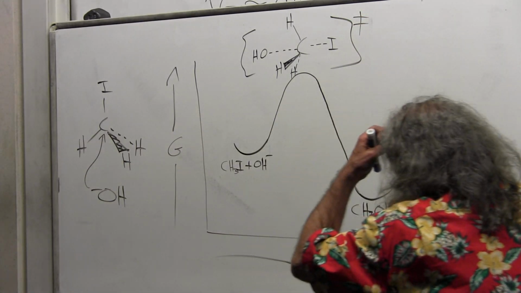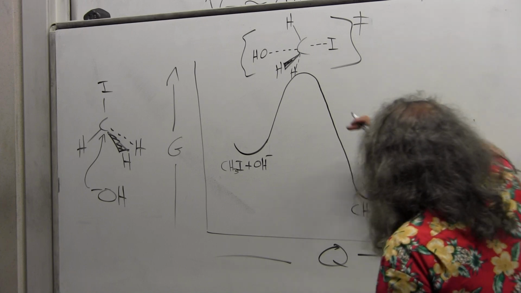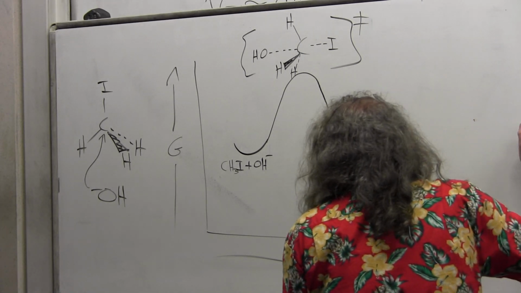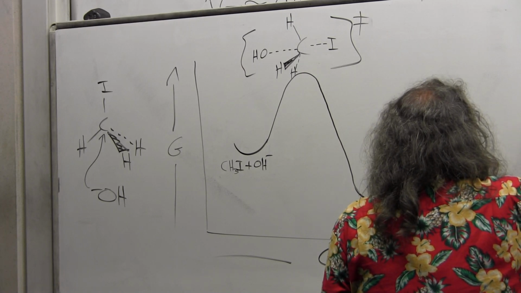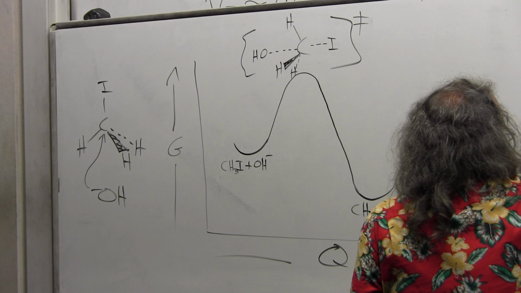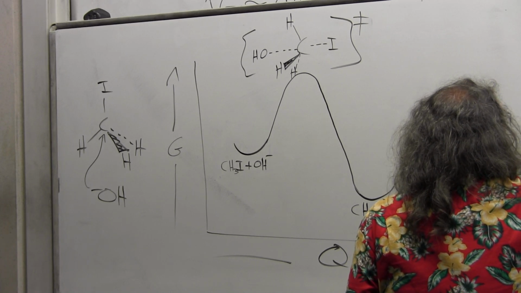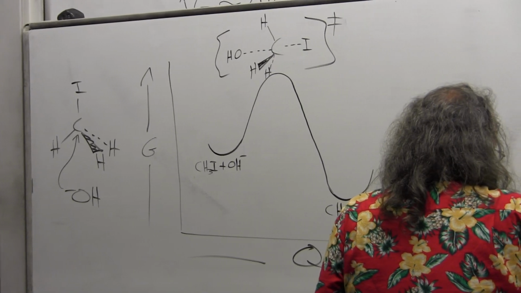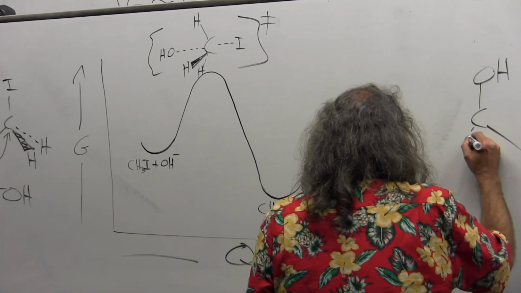If it was a late transition state, let's say it was going this way, then what it would look like would be the hydroxide on top with it puckered down for the hydrogens here.